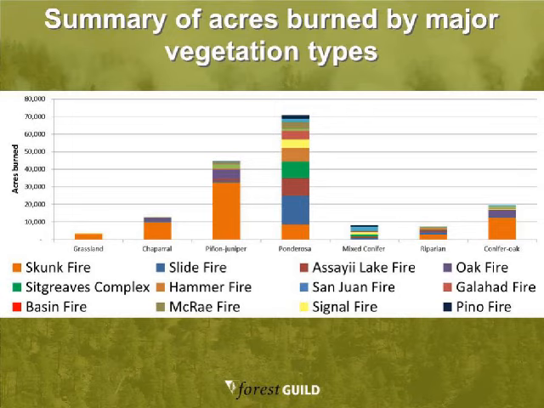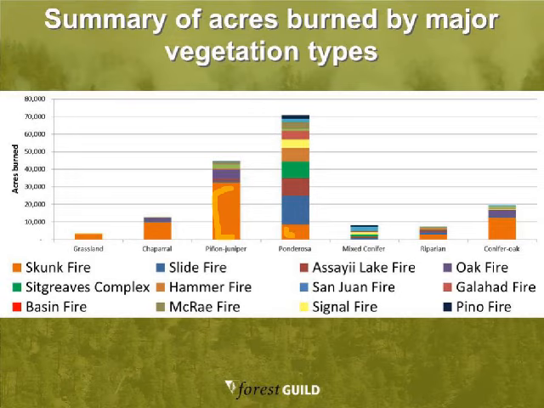One of the things we see here, when we look at the vegetation types, is that most of the acreage burned in 2014 was ponderosa pine or pinon juniper. The other interesting thing to note is that these areas of orange, the Skunk Fire, drive a lot of the summary statistics.